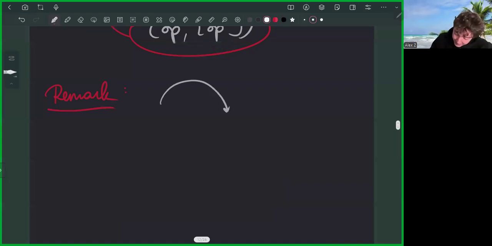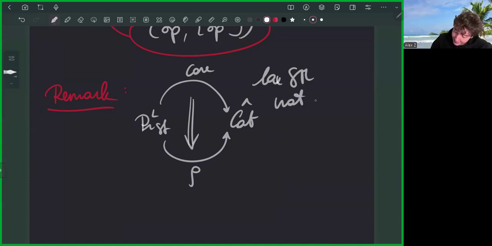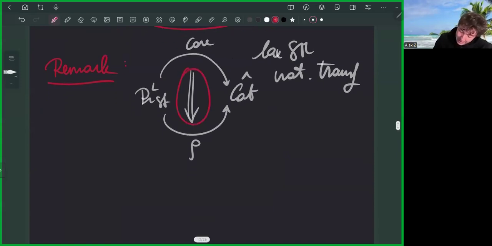Another thing that we now have is, we constructed two Lax symmetric monoidal functors. We constructed this functor core, and we constructed another functor, which we called rho. And there is a canonical Lax symmetric monoidal natural transformation here. How is it given?